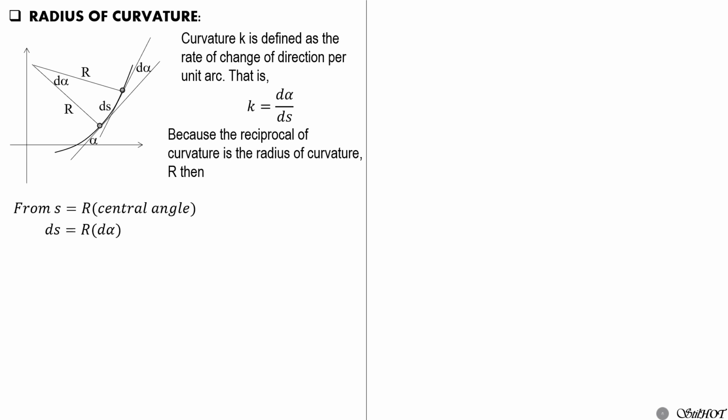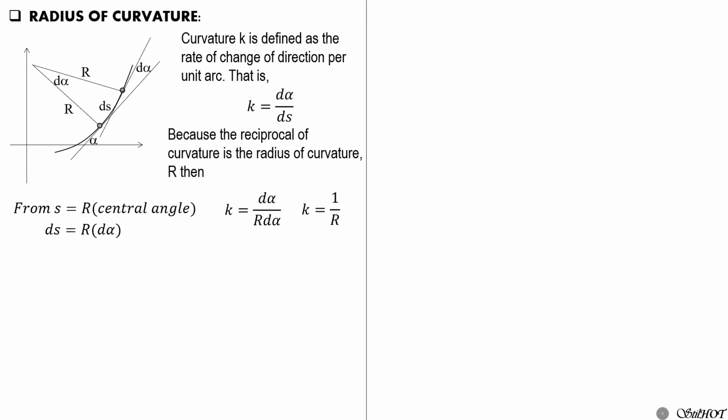So we then set up that d alpha divided by ds is 1 over R. And so we replace d alpha over ds here by K, and it is d alpha over R d alpha. So we can cancel d alpha and show that indeed curvature is the reciprocal of the radius of curvature.